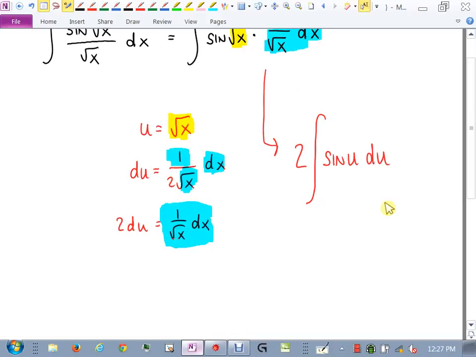Antiderivative of sine u. Negative cosine u. So this is negative 2 cosine u plus a constant. So at this point, when I actually take the antiderivative, is when the integral sign drops and when that d whatever drops out also. And I have my plus constant. Am I done? Nope. Switch back. What's u? Square root of x.